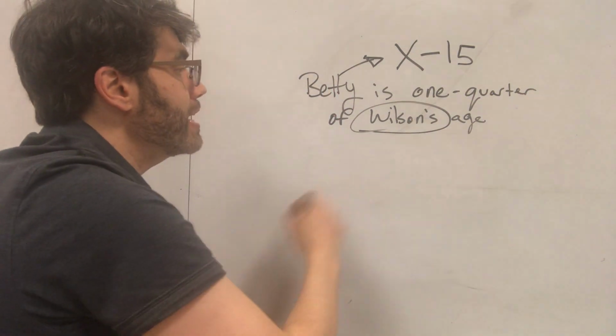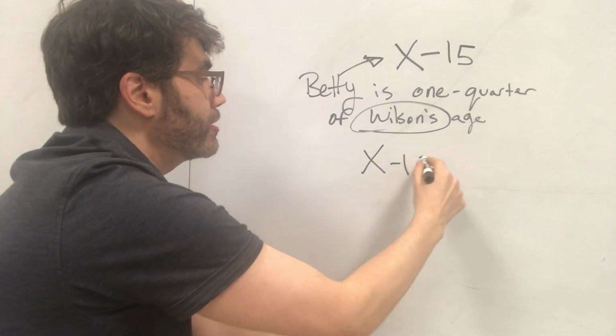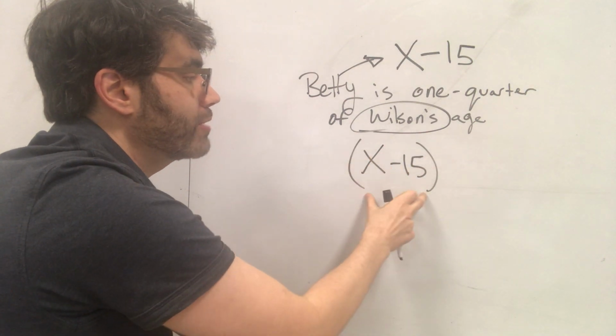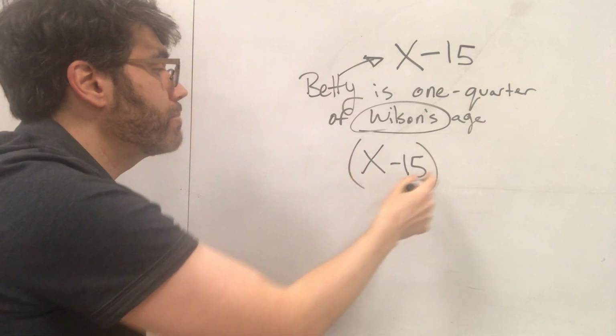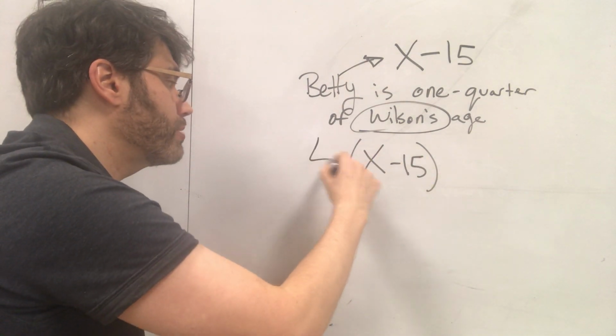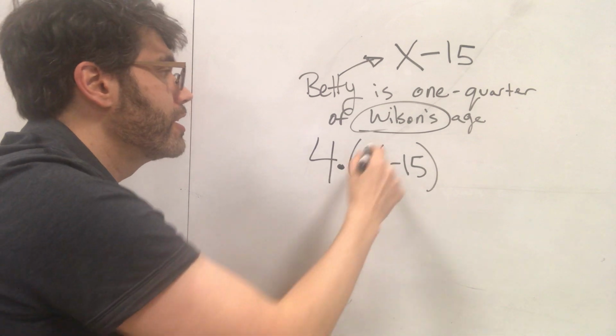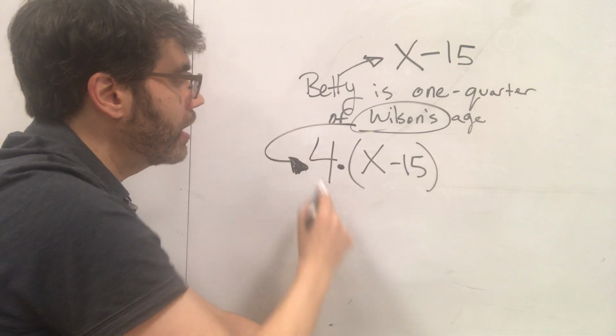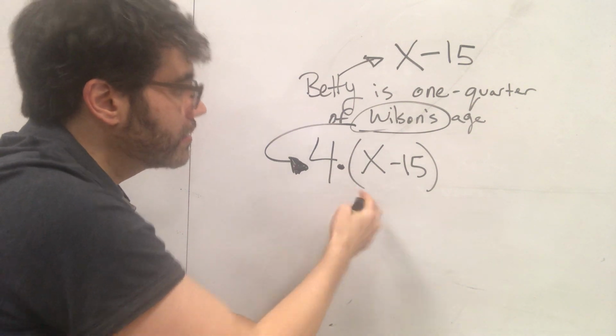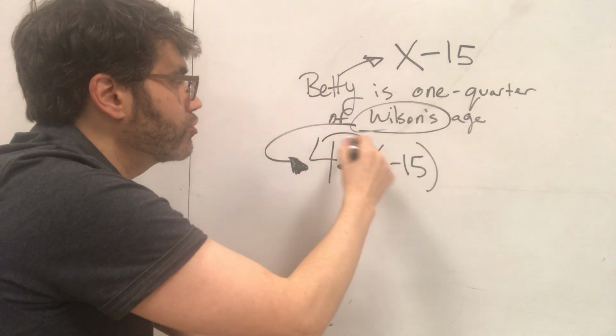So if we take Betty's current age, the whole thing, again, this is why parentheses is so important, just like in the last problem. You got to put in parentheses. If you take Betty's current age and put in parentheses and multiply it times 4, you're going to get Wilson's age. Okay? So now, because we have a parentheses here, we can distribute.